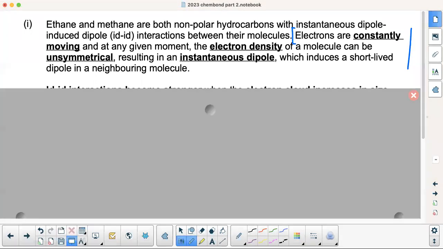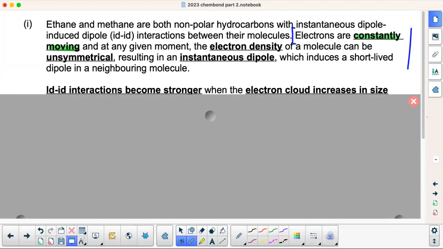Electrons are always constantly moving. I told you you must copy a lot. So an instantaneous dipole happens when electrons are always moving and could end up on one side. It'd be lopsided, like delta minus, delta plus. That's called an instantaneous dipole. So the electron density of the molecule can be unsymmetrical.